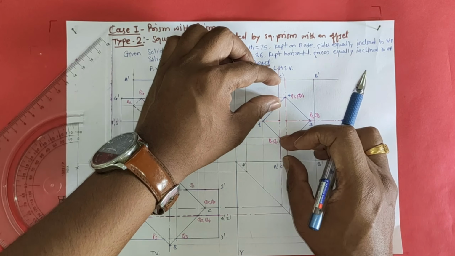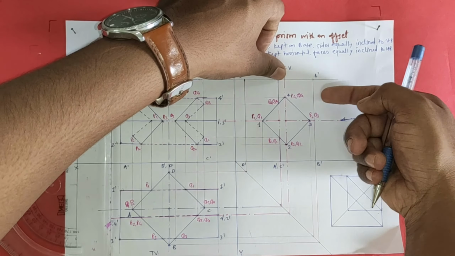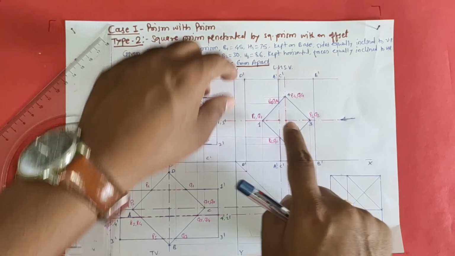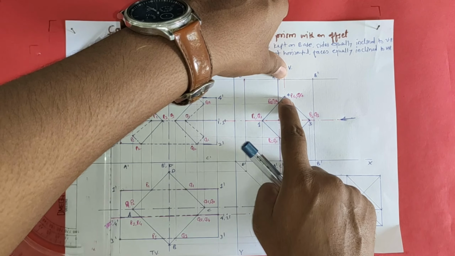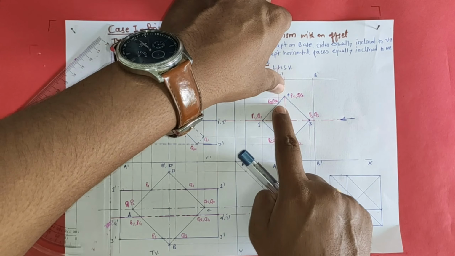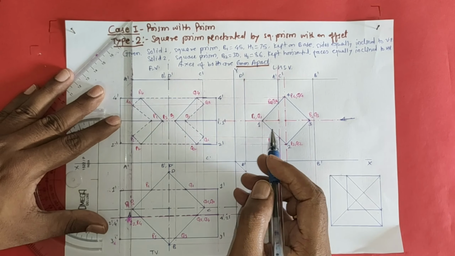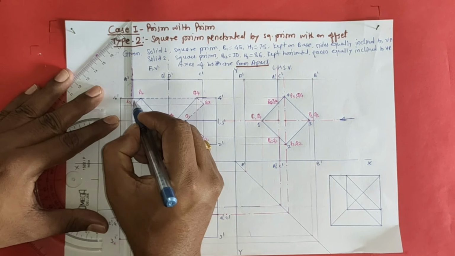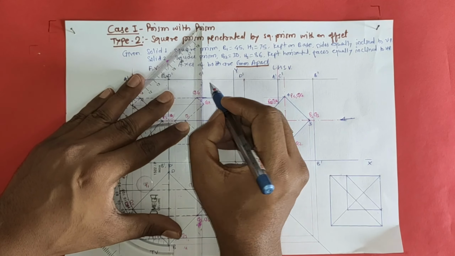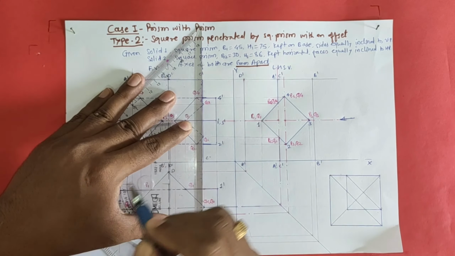The line is this much only. When you see from the side view, from the 4 point to the above A dash point, this much line will be visible, and this much will be invisible. So I will mark this much as dark, and then this as hidden. Similarly C dash, this much is dark, next this line is a hidden line.